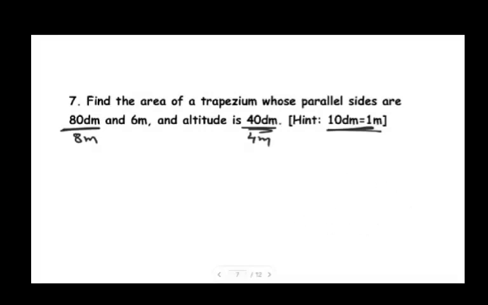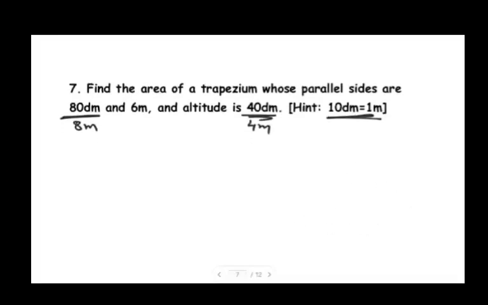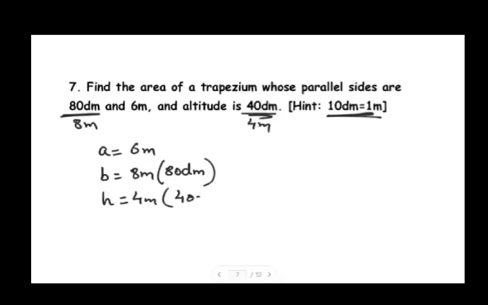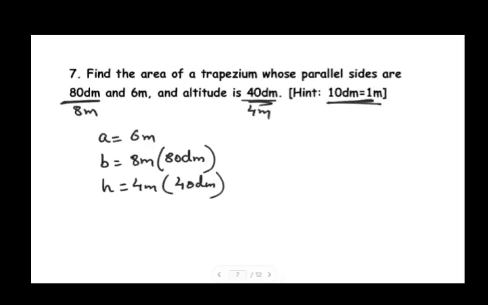You can do all this in your rough work, children. So we have the parallel sides. Shorter side is A, so it's 6 meters. Longer side B, 8 meters. In brackets I'll just write 80 dm. And height, which is 4 meters, I'm going to write 40 dm in the bracket.